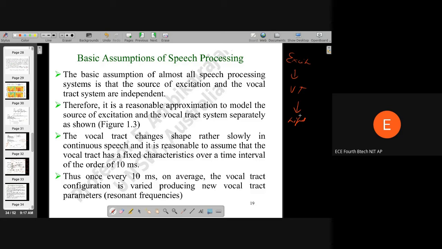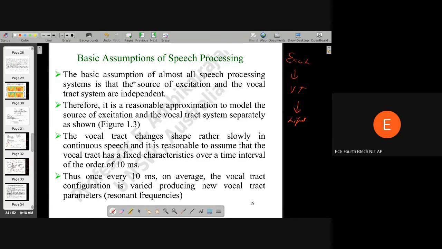So these are the basic assumptions of speech processing we have been talking about. Many of the slides that I am showing today, in fact almost all of them, are from Professor Ambikairajah's lecture slides from the University of New South Wales, Australia. I have told you that beforehand. He has wonderful slides, and even lectures available, most probably on his platform.